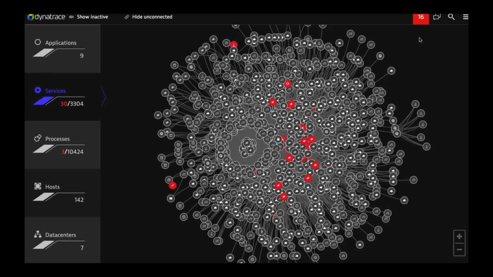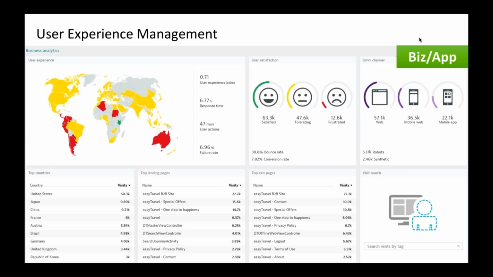And of course, as I mentioned, I started to talk about user experience management. That's also the key here. Dynatrace agent-based technology allows you to know where your real users are coming from, what bandwidth they're coming from, what browser they are using, where they are landing on your page, and which is the exit page. If a user is complaining on social media, as Henrik mentioned in a couple of examples in his presentation, you want to quickly find out who the user is and what exact user actions they did.